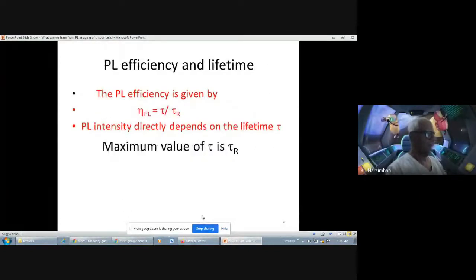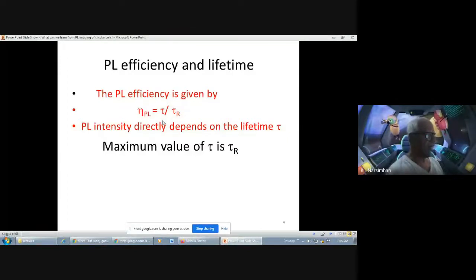Okay. Now, what is the efficiency of the luminescence? So that means I shine light. And what is the efficiency? The efficiency is given by this term eta. The PL efficiency is given by tau over tau r. So tau is the effective lifetime, and tau r is the radiative lifetime.